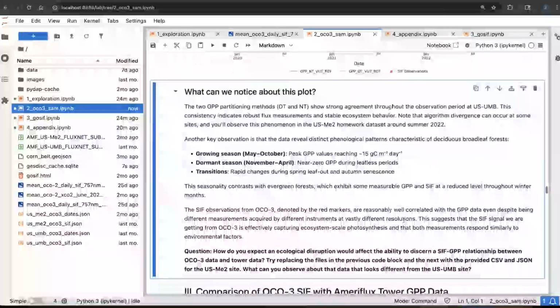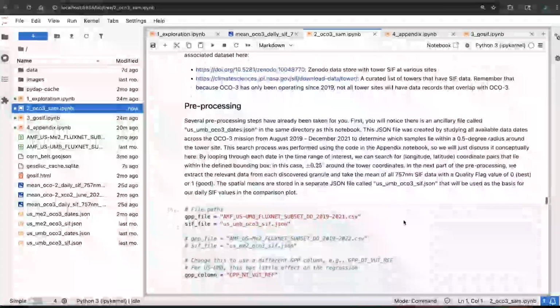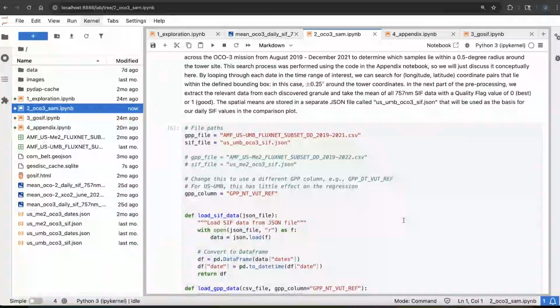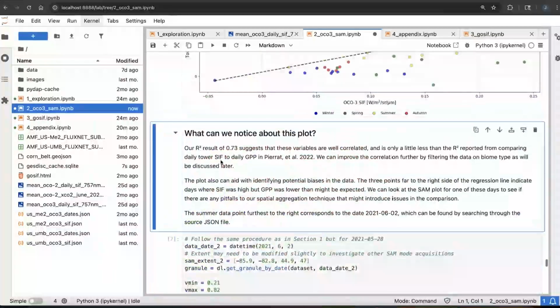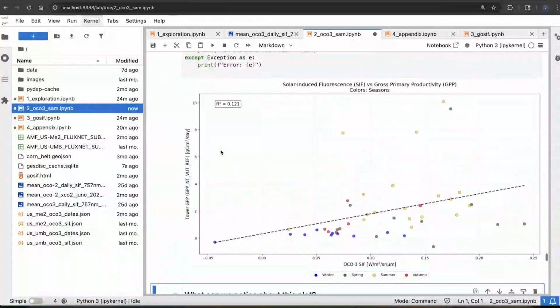Now let's generate our regression plot for this example and see what information we can note. And again, as with the first cell that we ran, I'm going to uncomment these two lines containing the updated GPP and SIF file. Okay.